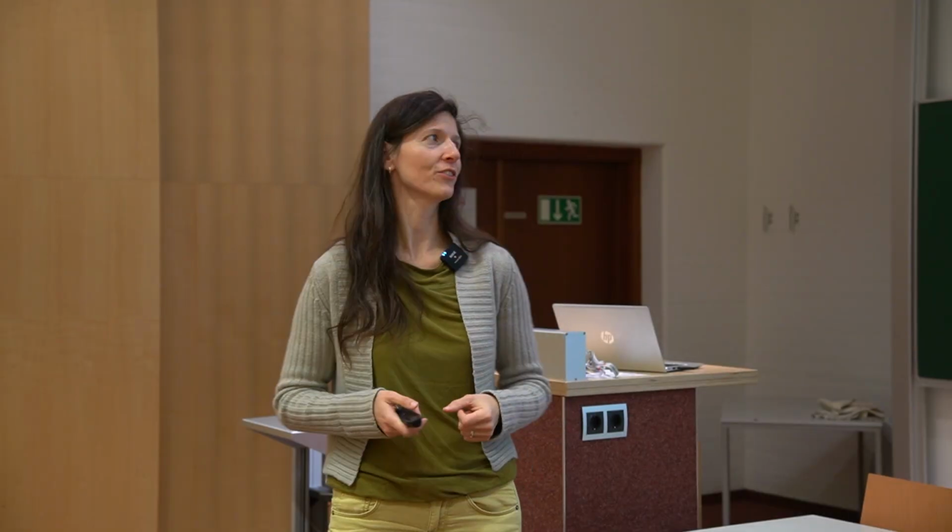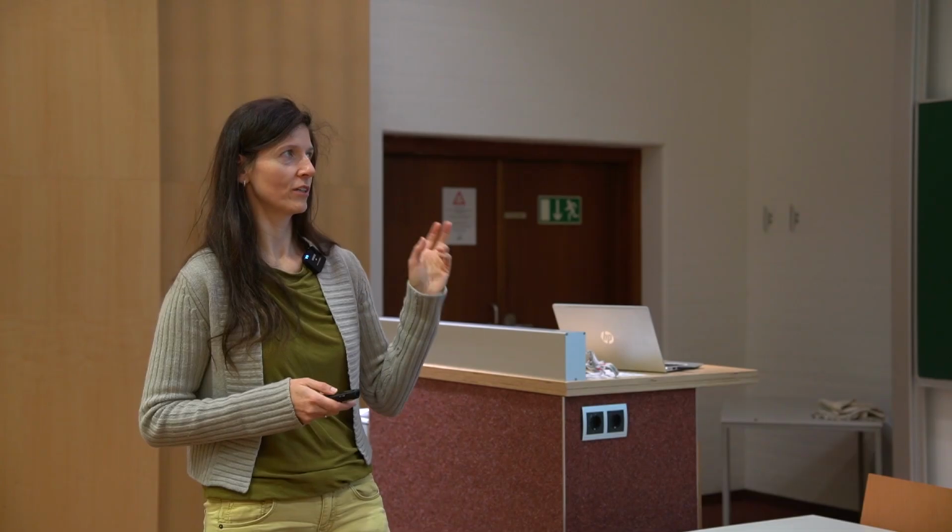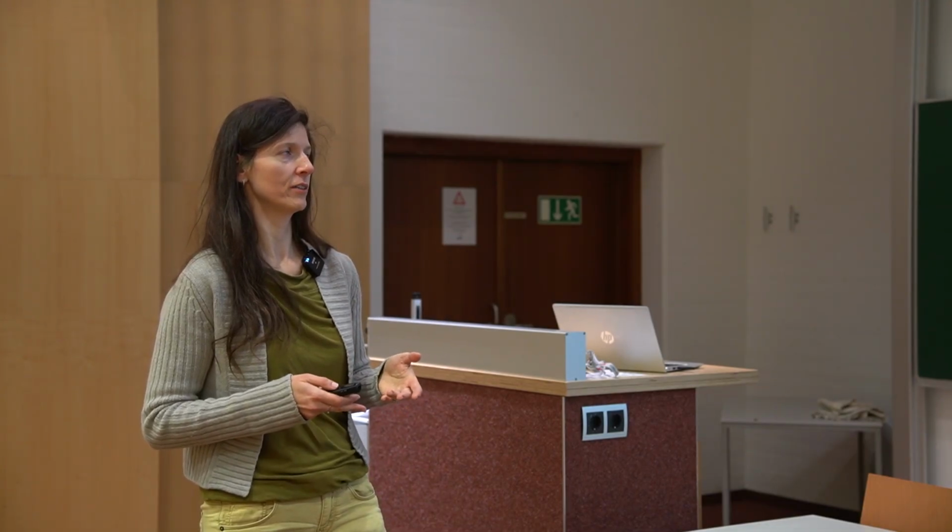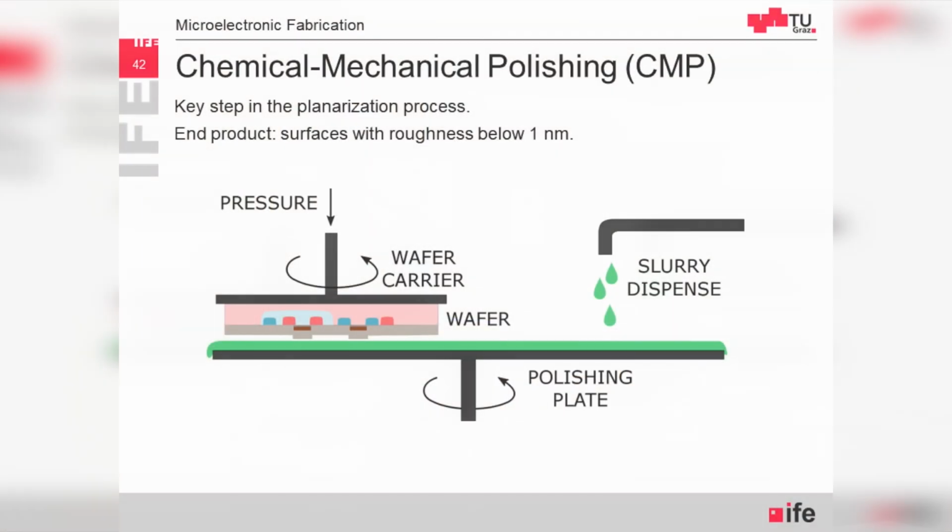So it's something we cannot allow for. And because of the importance of the step for overall reliability and integrity, this planarization step is also to be included here. So we take the wafer, we can say upside down, against the polishing plate surface.